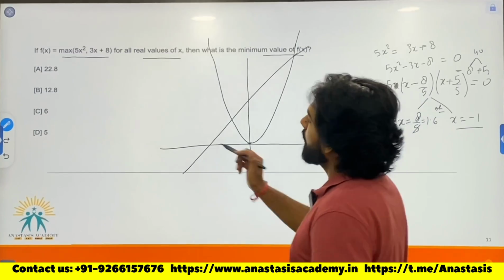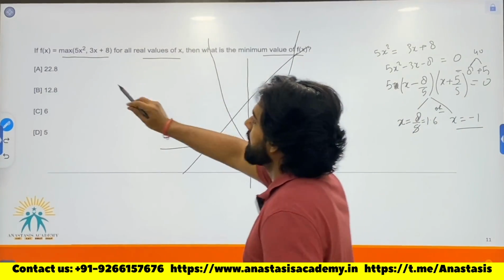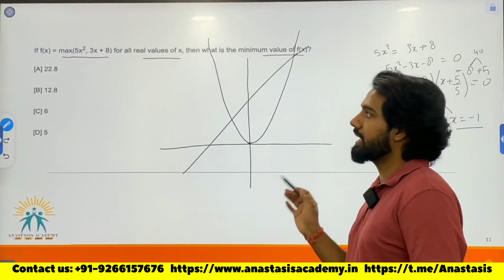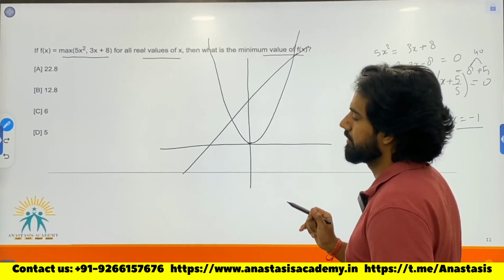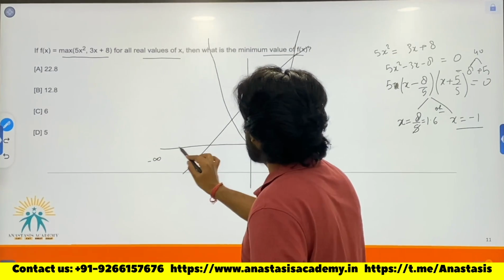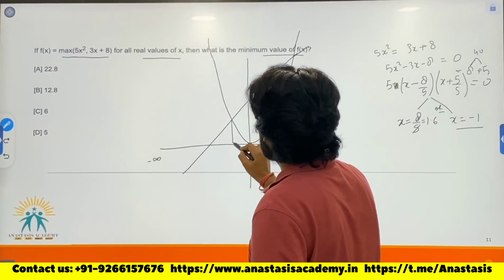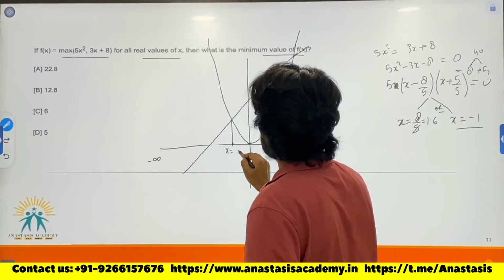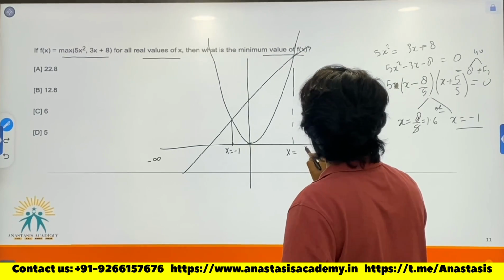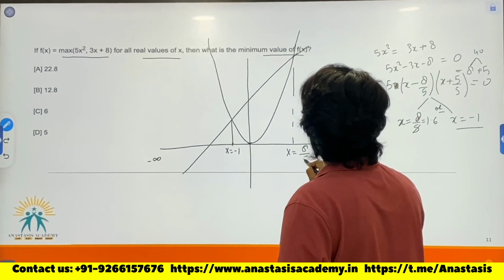It is given that for all real values of x, my function f of x is the maximum of these two functions. So from minus infinity to this point, the intersecting point x equal to minus 1, and this is the second intersecting point, that is 8 upon 5.